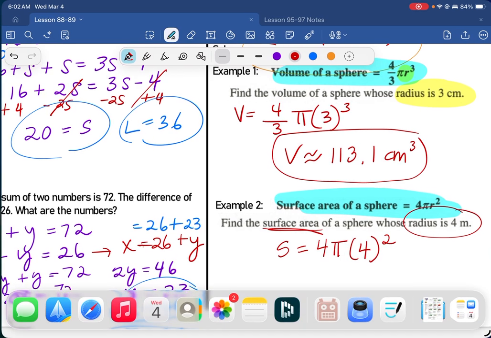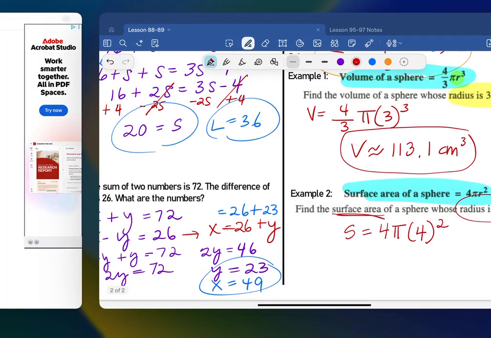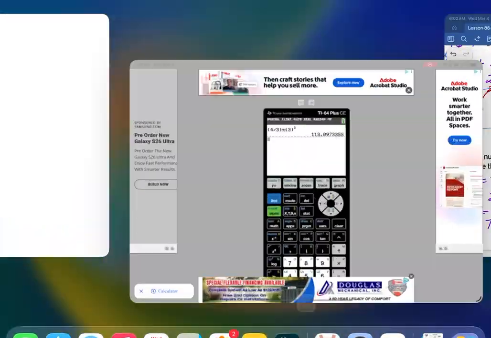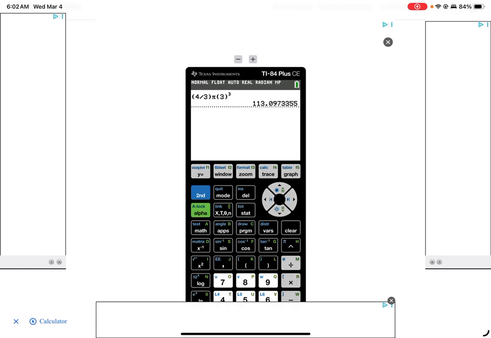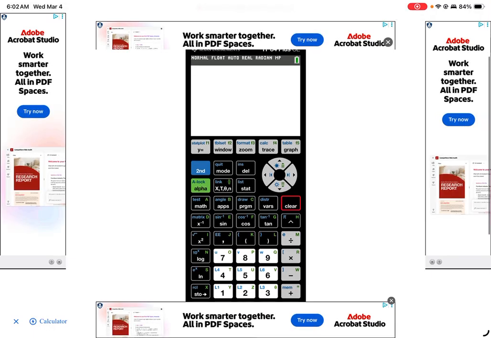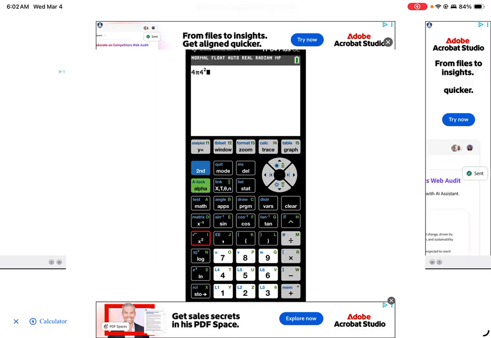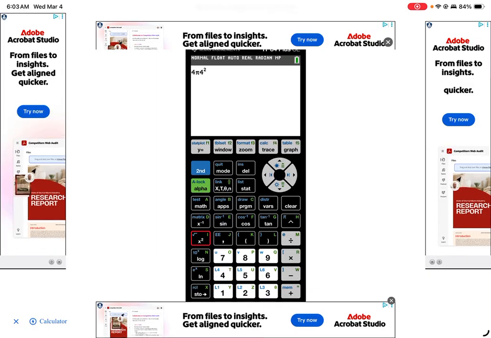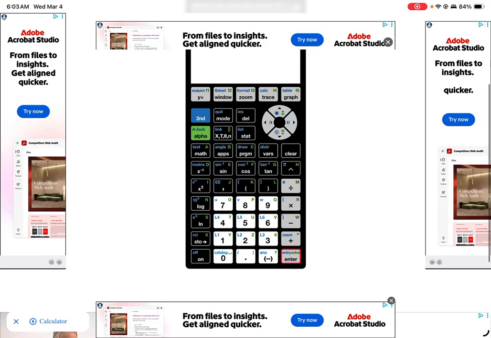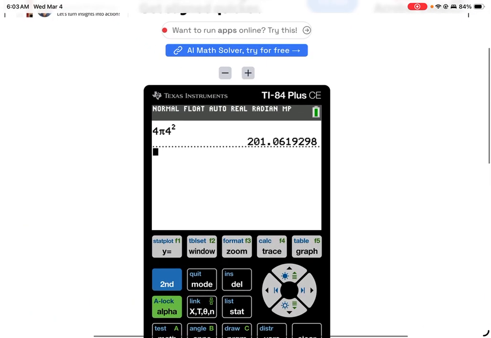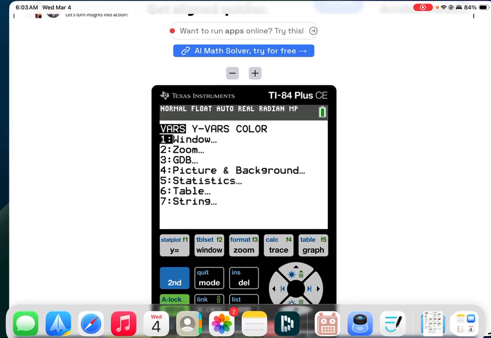So we will plug that into our calculator. 4 pi 4 squared. So we have 4, second caret key for the pi, 4 squared. There's a squared key on the left column of your calculator. Then we're going to hit enter, and we see that we get 201.1.